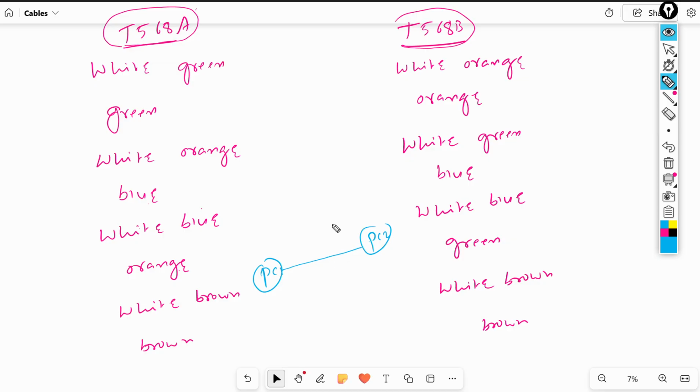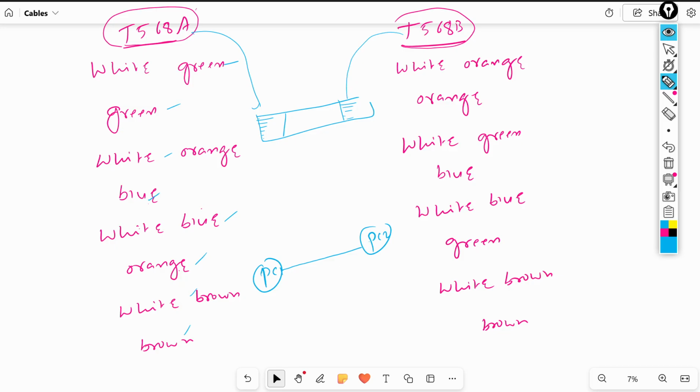Cross cable means, see, this is the cable, right? Cable one end here, we have 8 pins. 8 pins means this is pin 1, pin 2, pin 3, pin 4, pin 5, pin 6, pin 7, pin 8. So at one end of the cable we will use the T568A color order, and at the other end we will use the 568B color order.